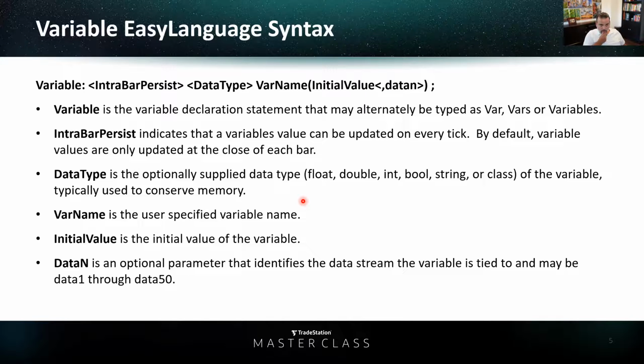It turns out that if I alias the variable in the variable declaration to data 5, then a bars back reference also refers to the alias data stream, so it'd be data 5. Now, the reserved words remain by default aliased to data 1, unless in our expression we say close of data 5. So if you back reference that variable and it's aliased to data 5, it'll be 5 data 5 bars ago, not 5 data 1 bars ago.